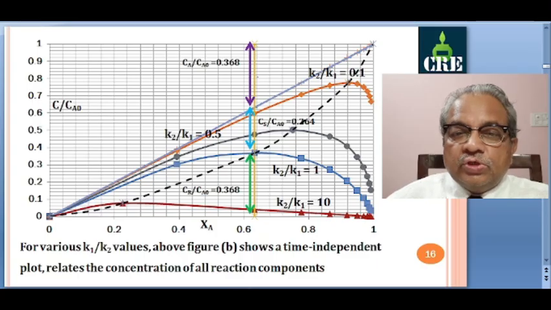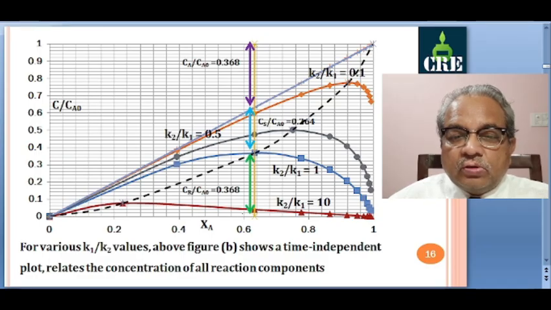This line I have drawn approximately, at some conversion. You can take any value. So this is 0.6 and this is 0.8, so this is 0.64.